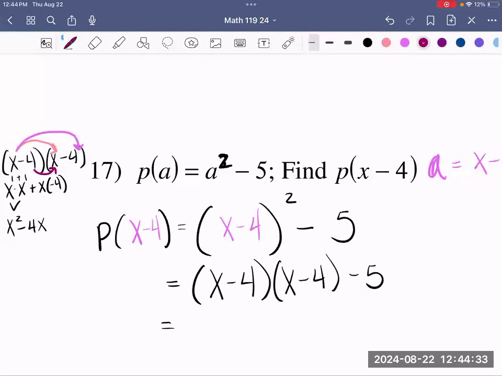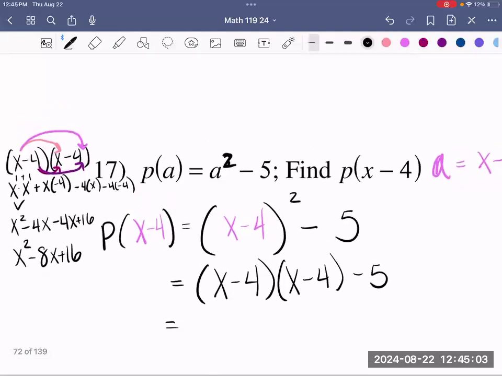So -4 times your x to make -4x. And your last one, your 2 last terms, so you have -4 times -4 for -16. Now, most likely, the middle 2 terms are going to combine to make x squared -8x. Oops, and that should be a plus 16 because both 4s are negative.